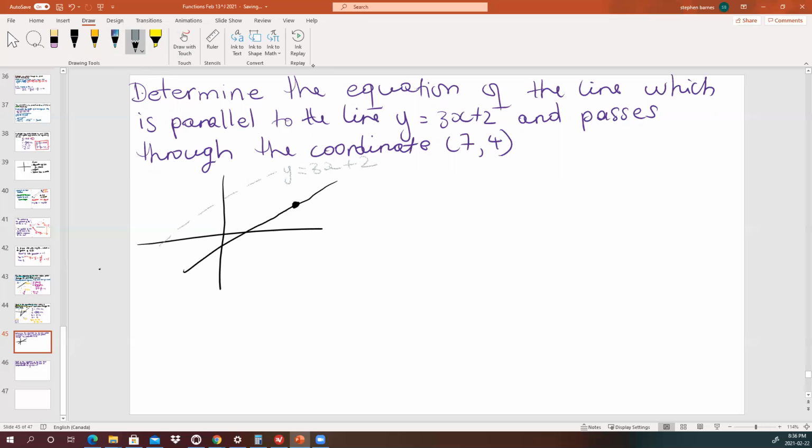So we're finding the equation of the line, so we need to find m and we need to find c. Since both lines are parallel, what will happen to their gradients? They have the same gradient. The gradients are going to be the same.